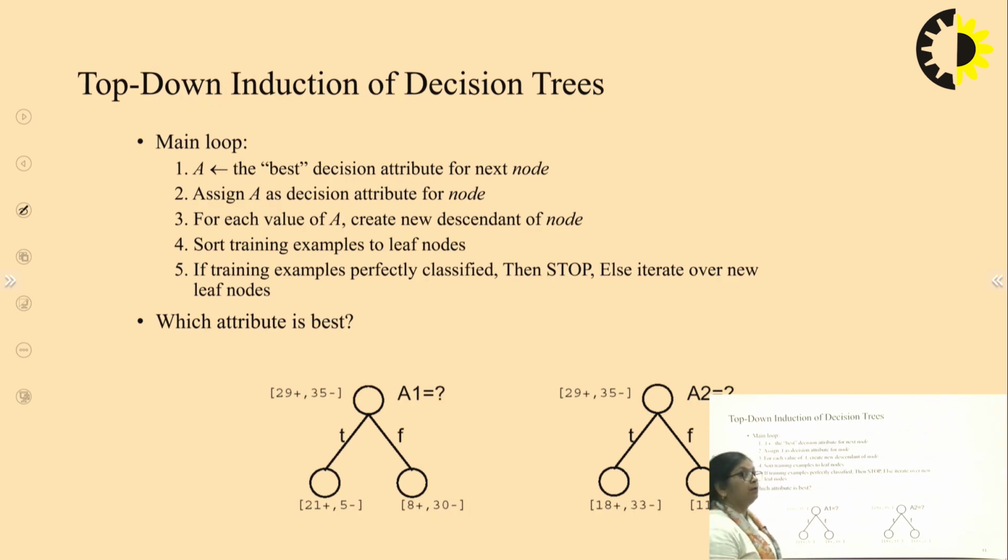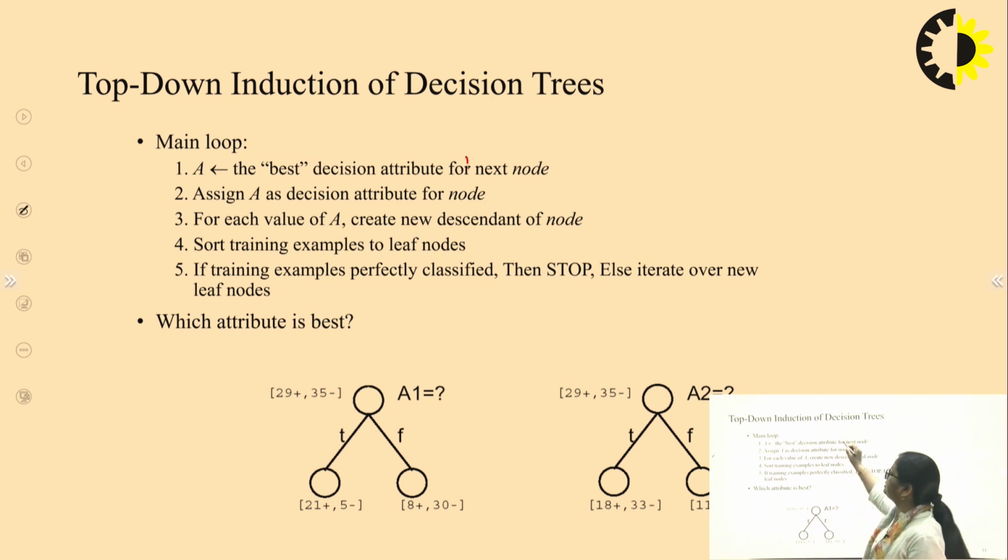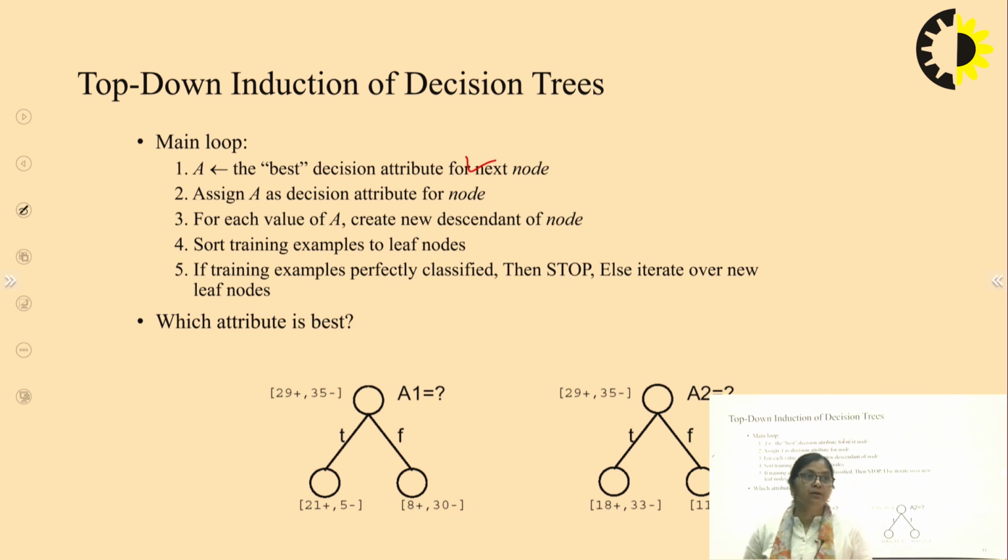Now, what we discussed on the last slide is the ID3 example. Now the question comes: we have to take a node which is the best classifier. A is our node that best classifies the examples, and that A will be the decision attribute for the node.